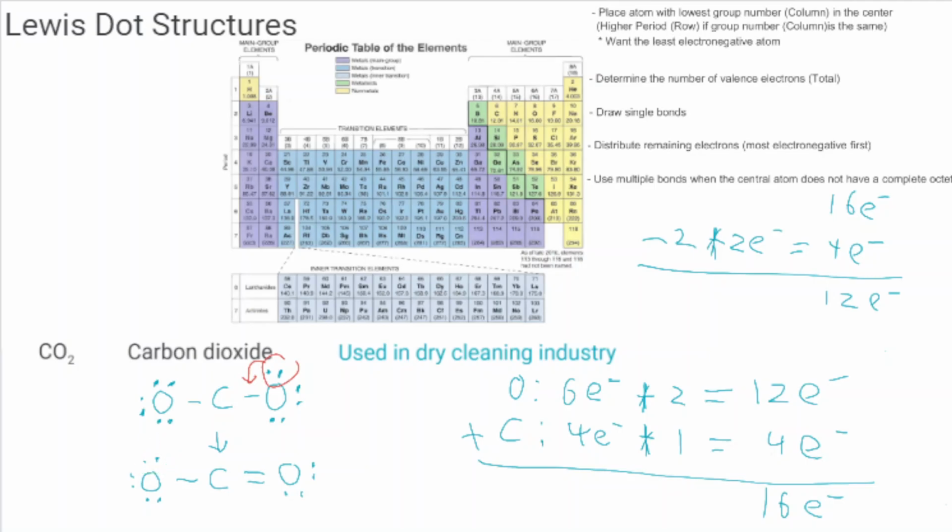So in this case, we're going to steal 2 electrons from the oxygen and put that into a bond between the carbon and oxygen. And so now if we redraw this again, we'll have our oxygen, a double bond with our carbon, double bond with the oxygen, draw in our lone electrons again.